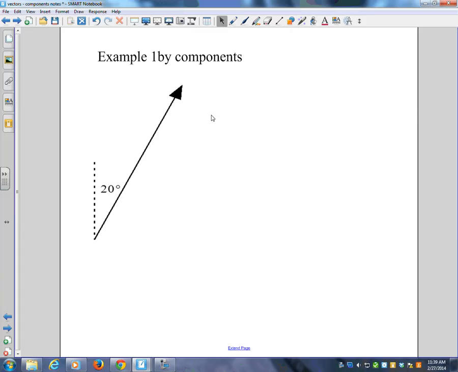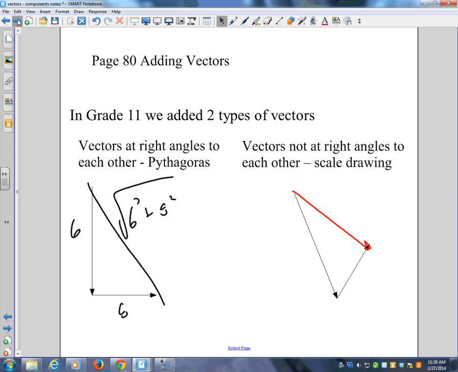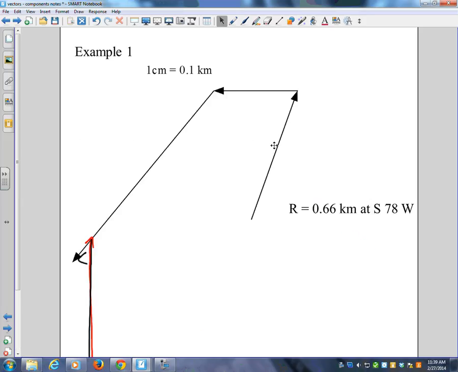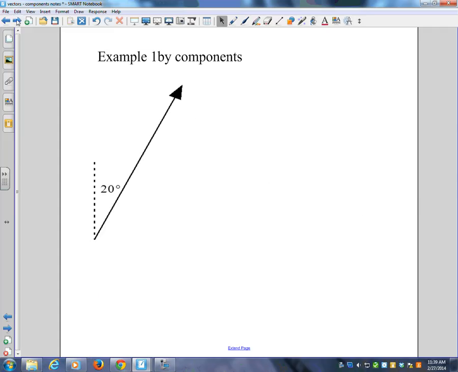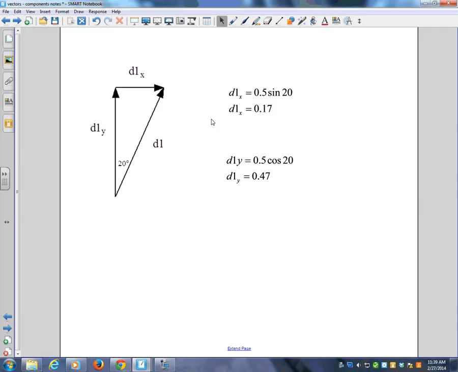So here's the first one, and you should have this on your paper here, right? This is equal to this vector right here. I'm going to add these 3 vectors together. So this one here, example 1 by components. Okay, so D1 is 0.5 kilometers north, 20 east, right?